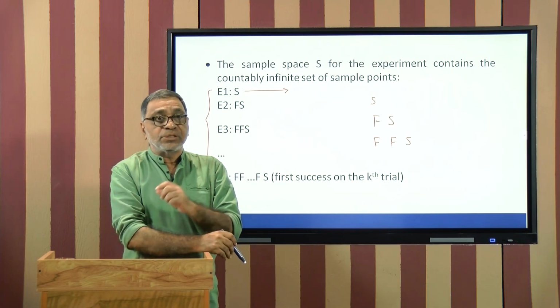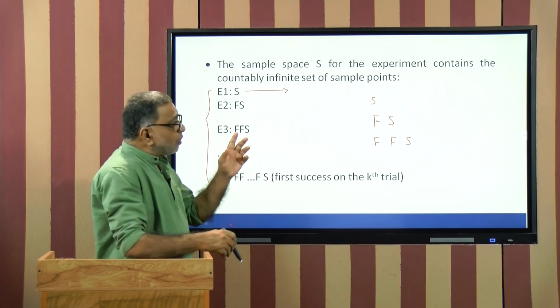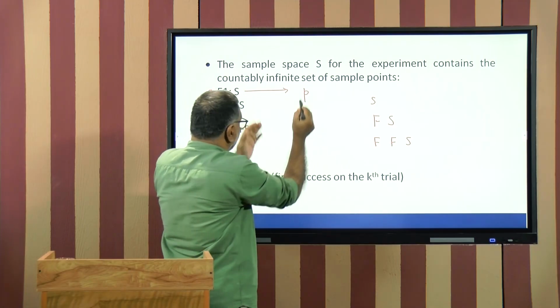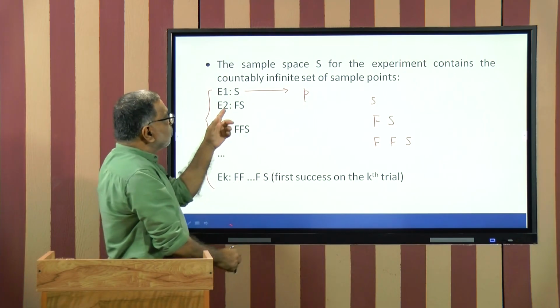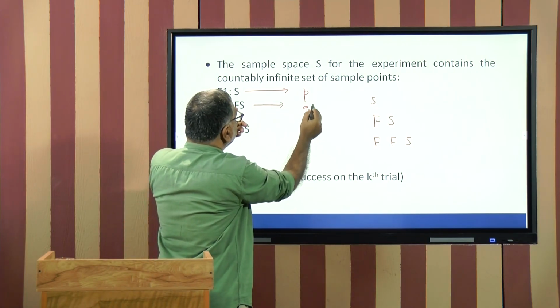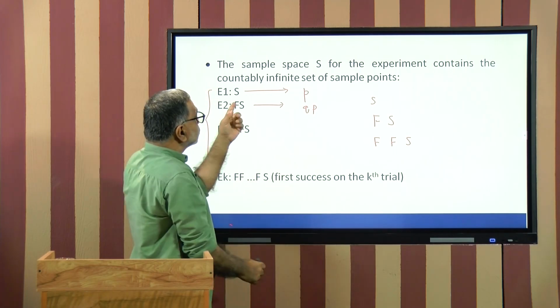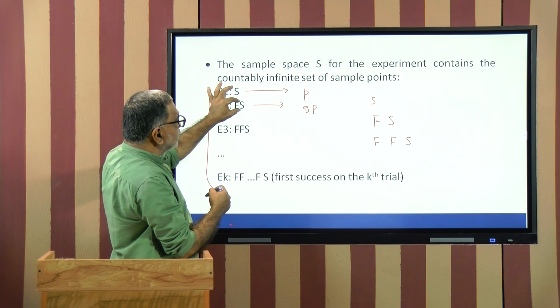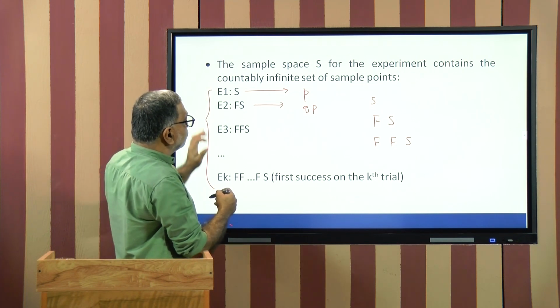What is the probability of this? P is our probability of success. If the first is a failure and then a success, it is QP, because the trials are independent and the probability of success is P and the probability of failure is Q.